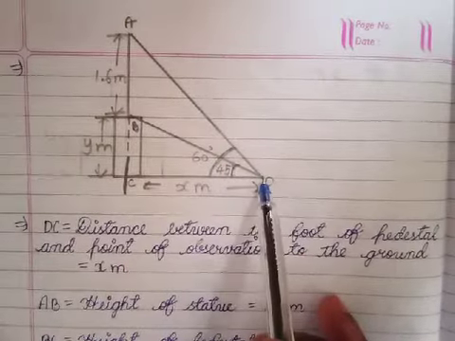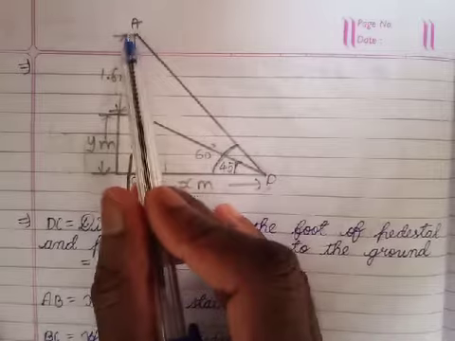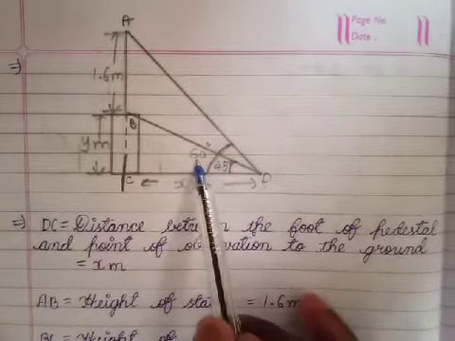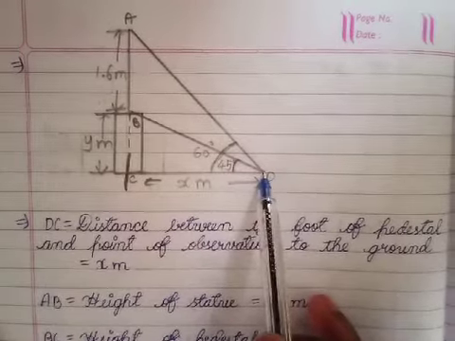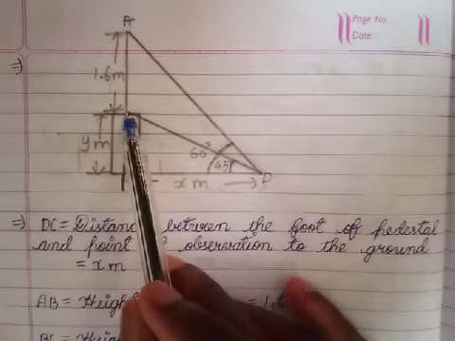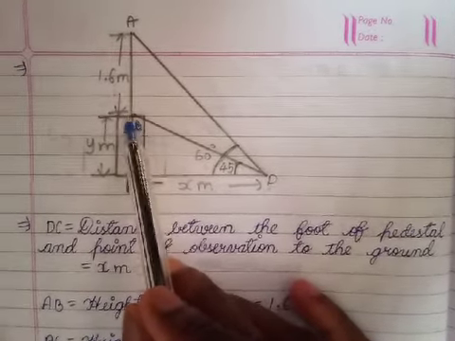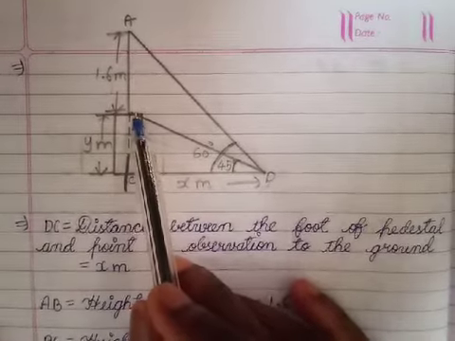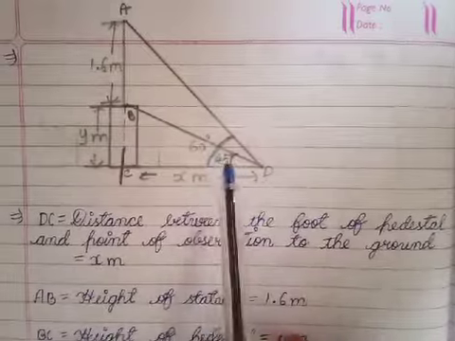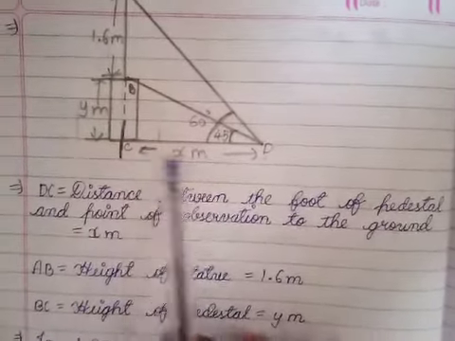So first, the top of the pedestal and the top of the statue are observed. When you observe from point D, A is the top of the statue, which makes an angle of 60 degrees. And when he sees from the same point D on the ground, he observes point B, the top of the pedestal, and that makes an angle of 45 degrees. Again, you have to write what AB, BC and DC are.